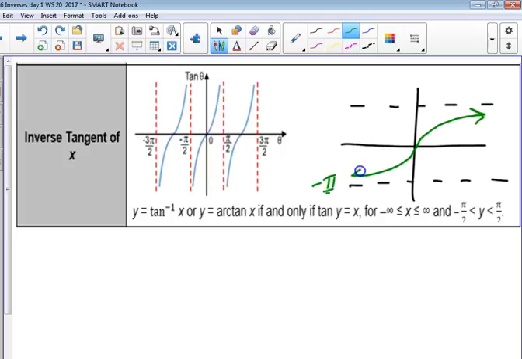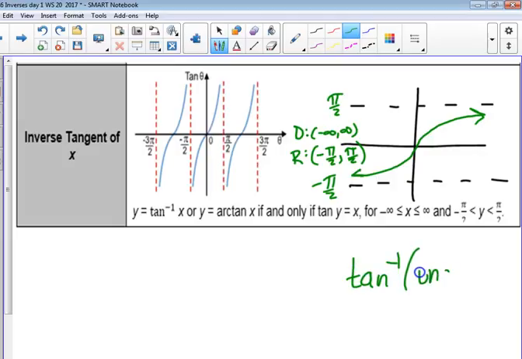This is negative pi over 2 to positive pi over 2. So the domain is all real numbers, and the range is negative pi over 2 to positive pi over 2 with parentheses, not brackets. These are asymptotes. It never hits those values. For that reason, in a minute, it's going to say this, and there's not going to be an answer to that question.